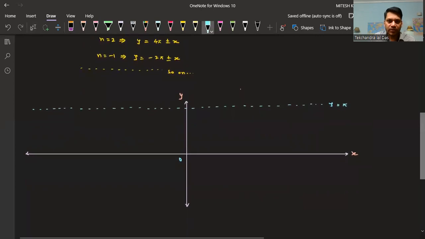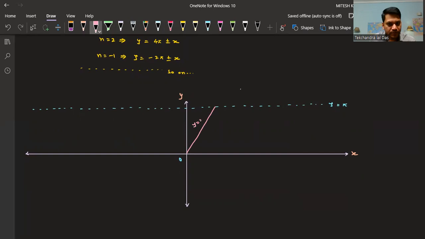Okay, so let me draw that branch, it is a very simple branch. Let's suppose y equal to x. Clearly this value will be pi because y is pi, then x also pi, for y equal to x. Okay, now next y equal to minus x. Clearly this branch will be like this. Okay, this is y equal to minus x.